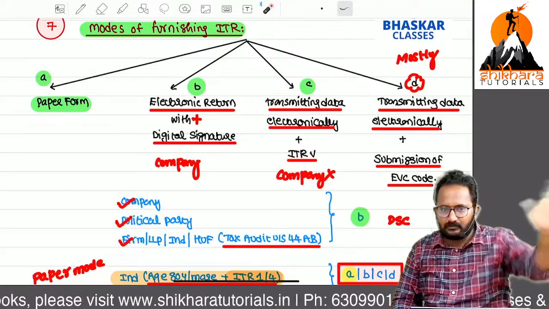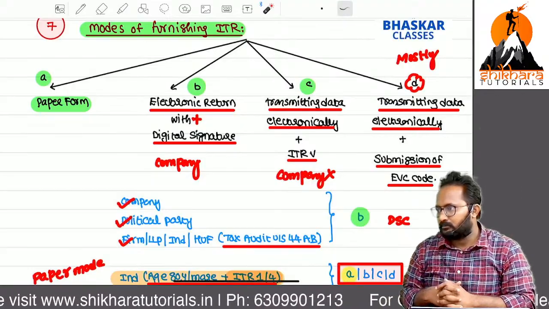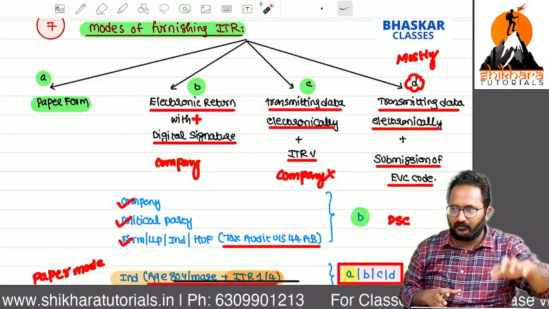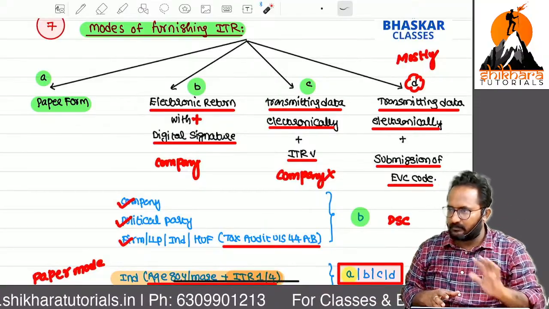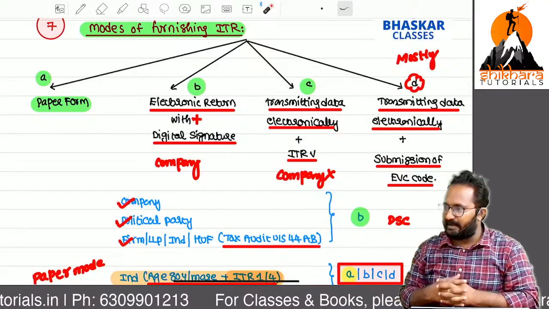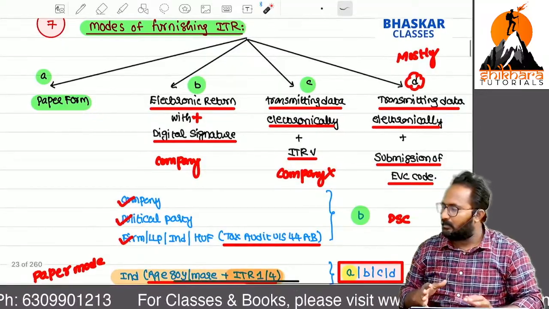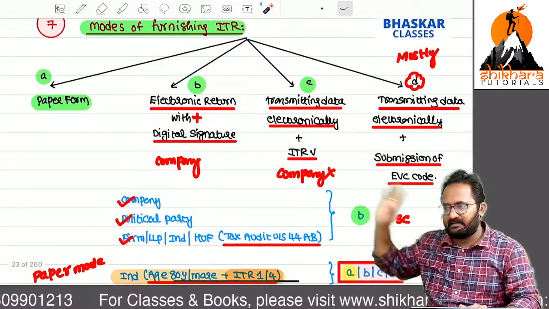A super senior citizen filing ITR 4, can he file the return of income with the paper form? Yes. All other modes also? Yes. Companies, how are they filing the electronic return? With the digital signature.